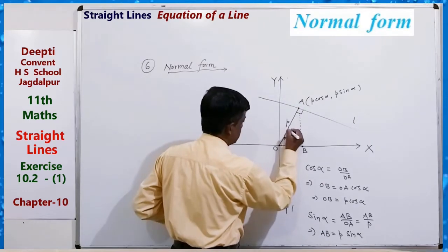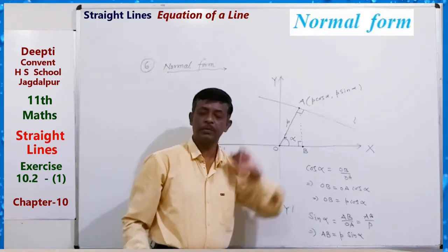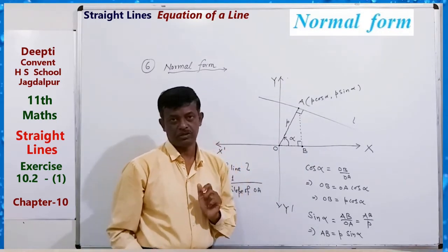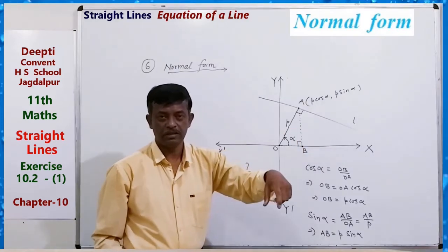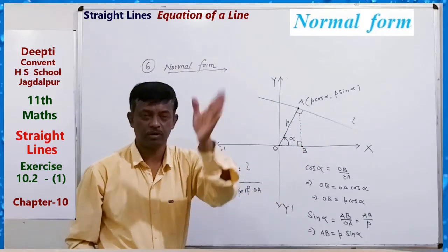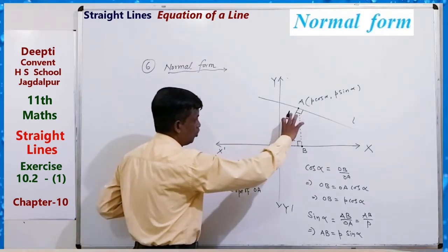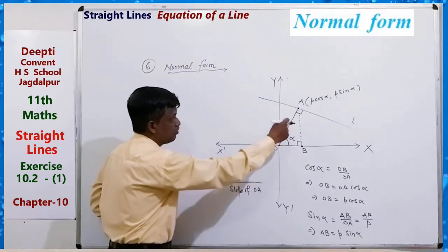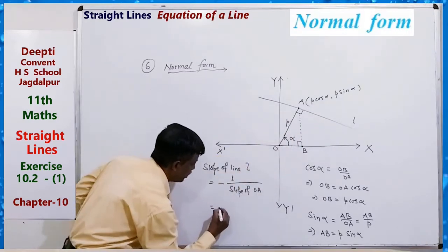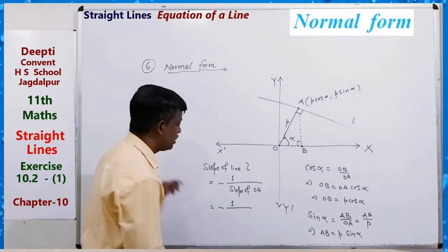This line and the line OA are perpendicular. So we know the slope of any line perpendicular to another line equals minus 1 upon the slope of the other line. So slope of line L equals minus 1 upon slope of OA. Slope of OA equals tan alpha.